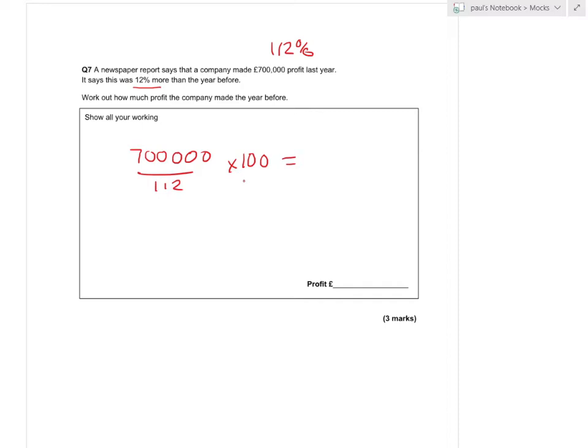So 700,000, 1, 2, 3, 4, 5 noughts. Divide by 112 times 100. 625,000 profit last year.